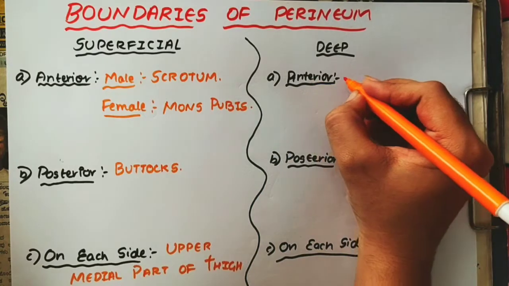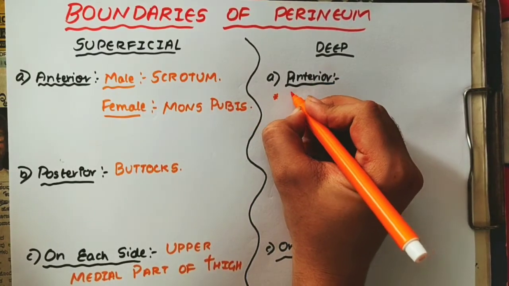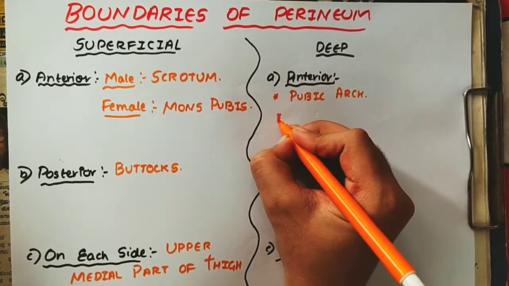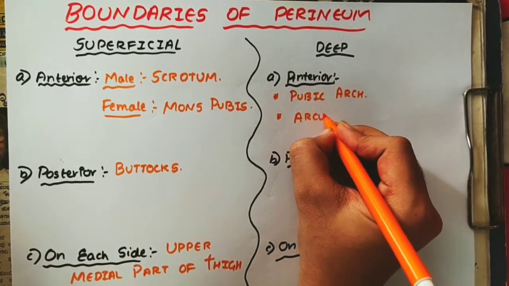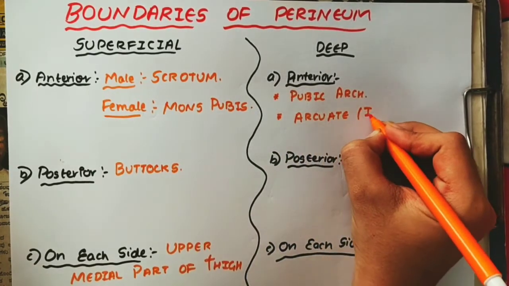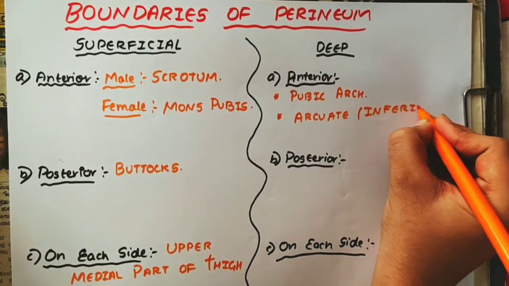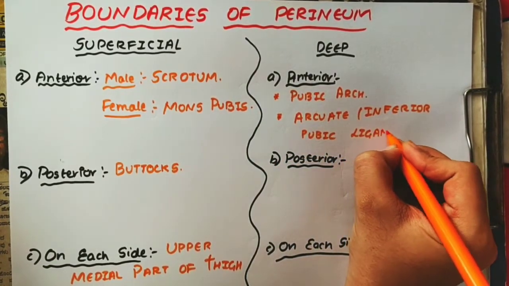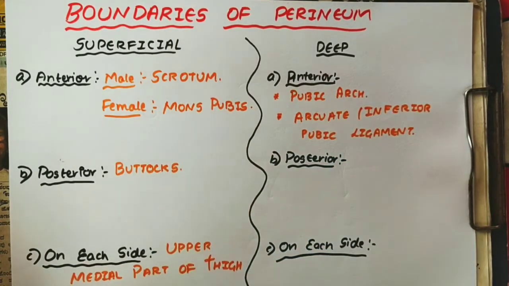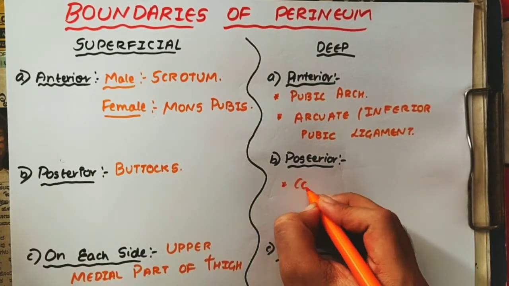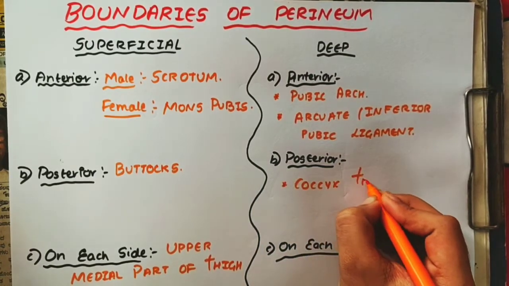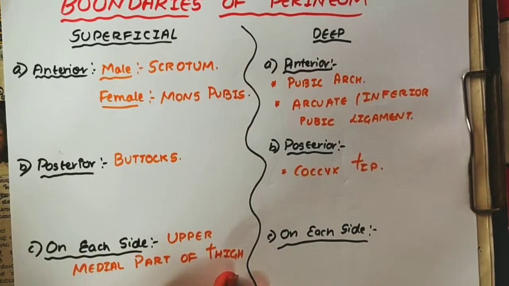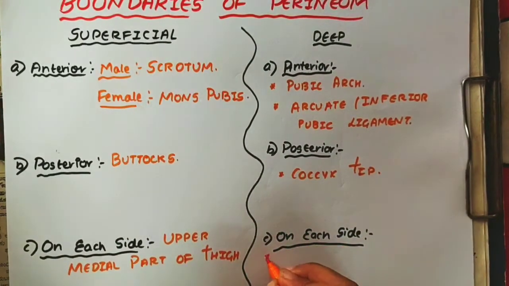On the anterior side, whatever I said, first one is there is pubic arch. Do the diagram for exam, and there is arcuate or inferior pubic ligament. Okay, so this is done. And on the posterior side, there is coccyx tip. You can see the tip of the coccyx. On each side, there is presence of three things.